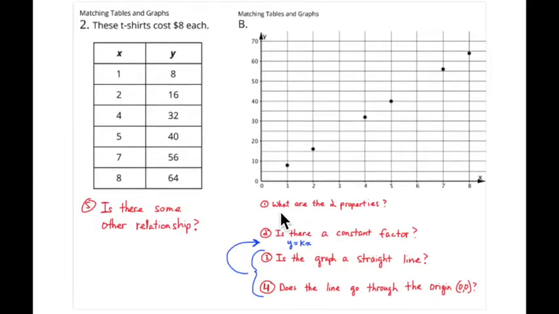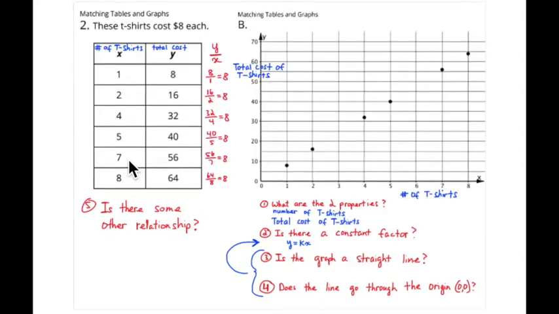And so the 5 questions to take a look at: what are the 2 properties in this problem? And those 2 properties are the number of t-shirts and the total cost of the t-shirts that you purchase. So the x-axis is going to be the number of shirts because it's cost per t-shirt.